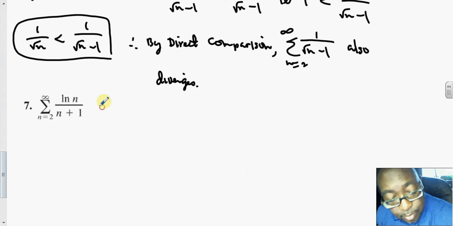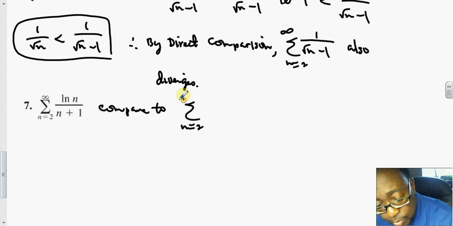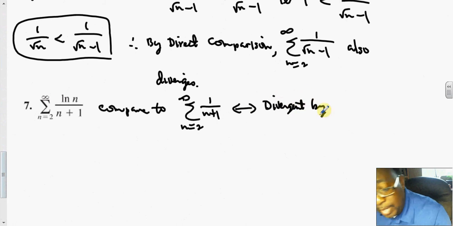Now we come to this one. We're going to compare this to the summation as n goes from 2 to infinity of 1 over n plus 1. This is divergent by a couple of things. If it was just the summation of 1 over n, we'd talk about the p-series being divergent, but it's also divergent by the integral test.